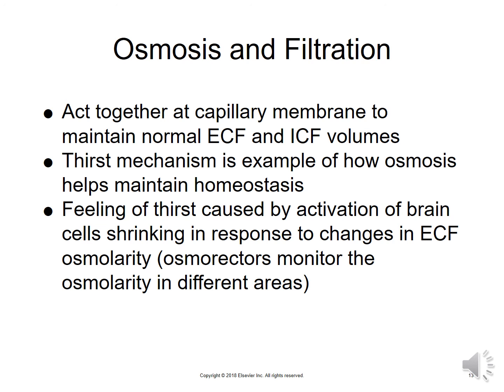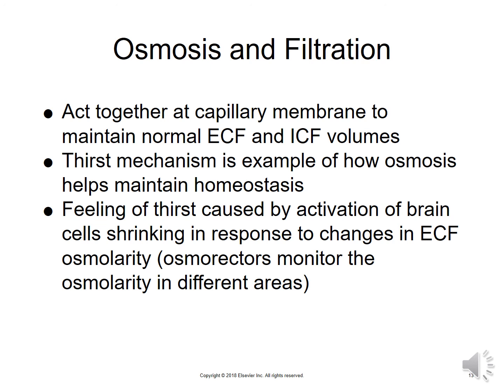The fluid outside of the cell in the brain becomes more concentrated because it doesn't have as much water in there. The whole body's getting dehydrated. So it becomes more concentrated with solids like sodium. Water, therefore, follows sodium.